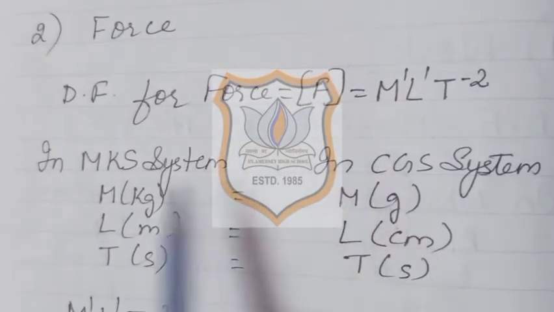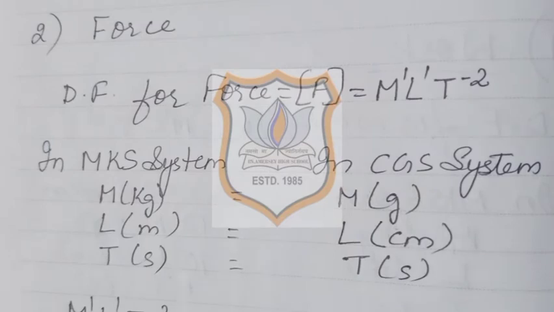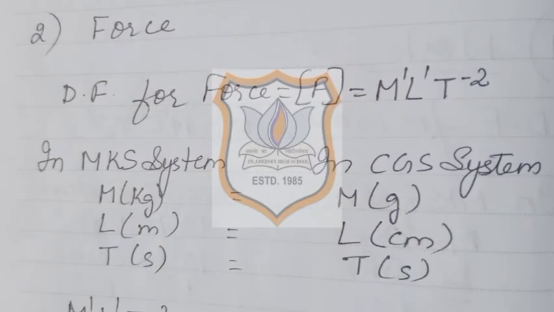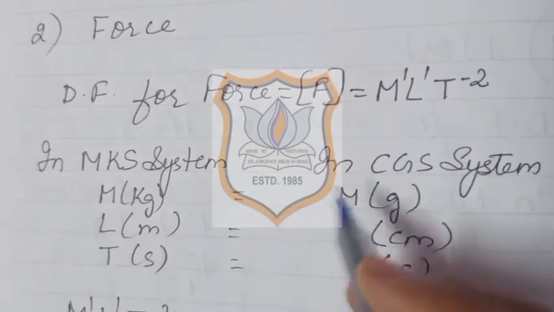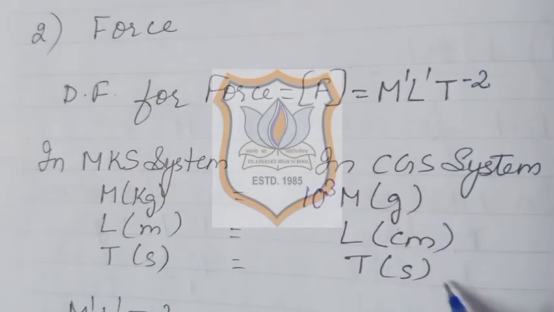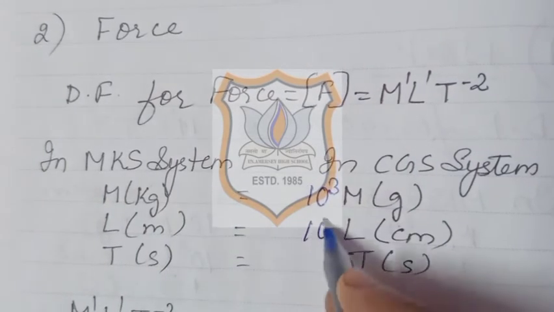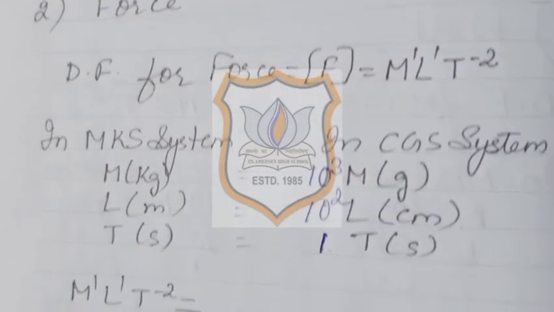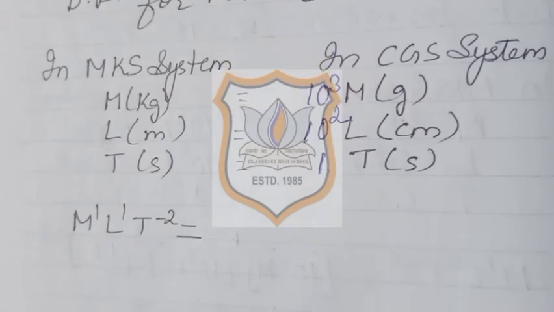Make 2 columns, MKS system, CGS system. We will write MLT on both sides. kg meter second, gram centimeter second. Now you are familiar, as we have done in the previous one. 1 kg is 10 raised to 3 grams, 1 meter is 10 raised to 2 centimeter, and 1 second will be 1 second.